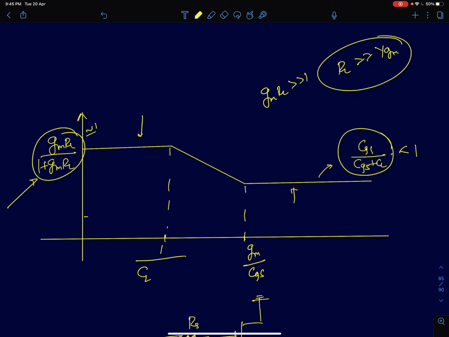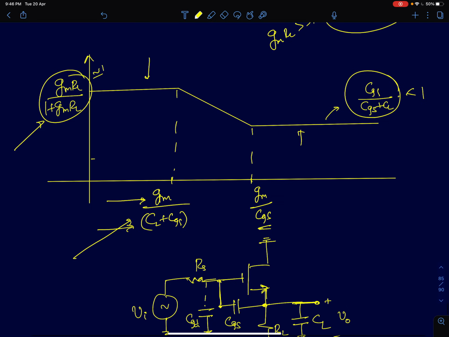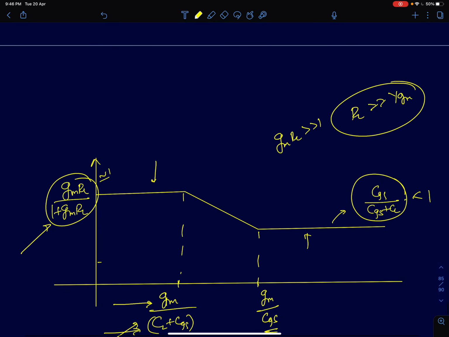So I can approximate this pole location to 1 by, the exact expression is 1 by CL plus CGS multiplied by GM. Since we assumed CL plus CGS to be greater than CGS, which is true as well, this pole will occur before the 0. Okay, so this is how the frequency response of a common drain amplifier looks like.